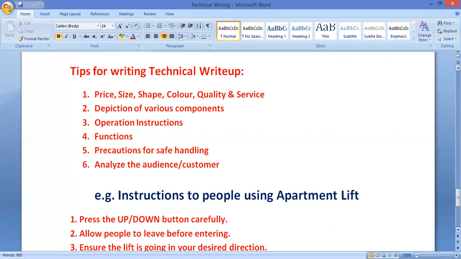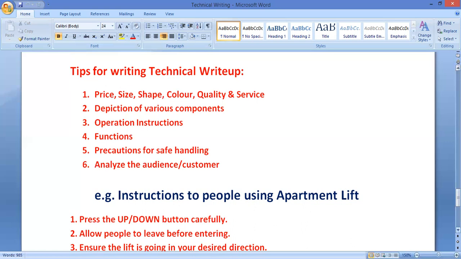The precautions, or we can say the maintenance rules, of that technical device should be written, so that there should not be any problem. And if you write the precautions and maintenance details, what will happen? The customer will handle it safely. Where there is a danger, you have to mention it in proper language.